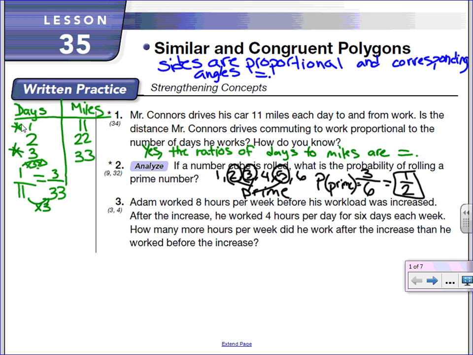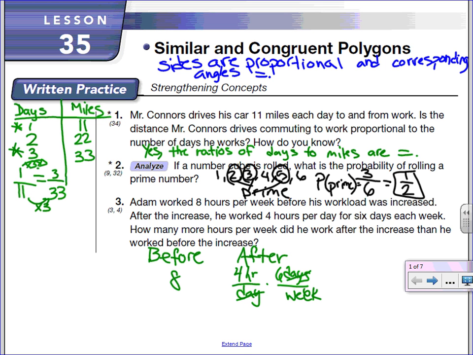Adam worked 8 hours per week before his workload was increased. After the increase, he worked 4 hours per day for 6 days each week. How many more hours per week did he work after the increase than he worked before the increase? So before is 8. After is 4 hours per day, and then 6 days per week.